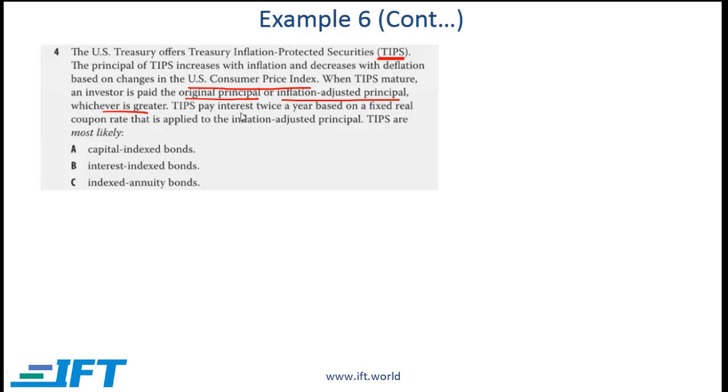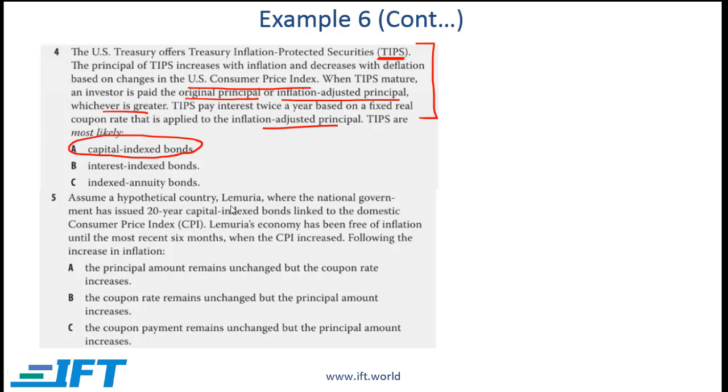TIPS pay interest twice a year based on a fixed real coupon rate that is applied to the inflation adjusted principal. So this is actually a very good definition of TIPS, and if you have been paying attention, you will recognize that this is called a capital indexed bond. With an interest indexed bond, the coupon rate changes based on inflation.